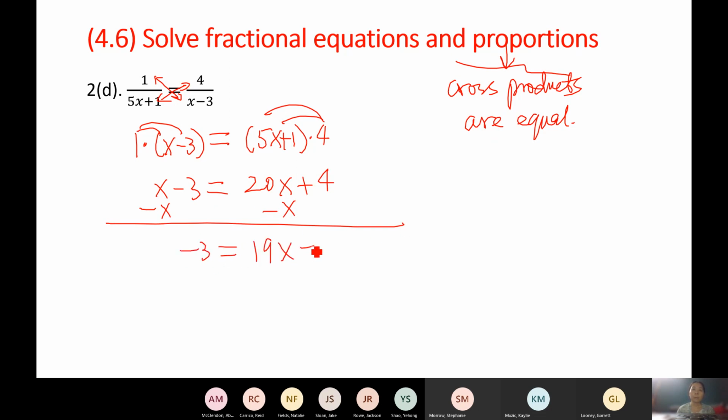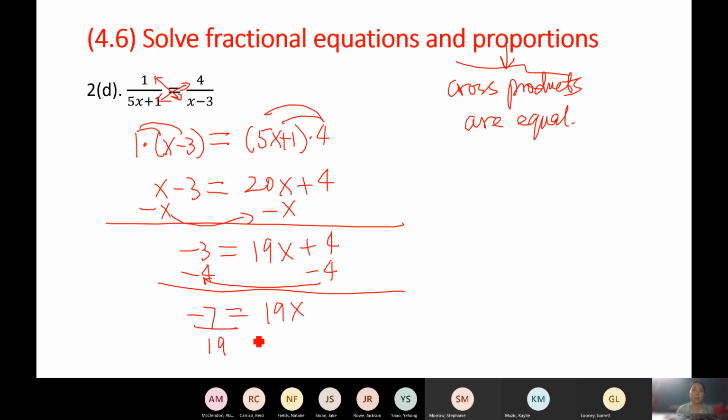If you remember from the first exam, we always combine the x terms first, and then we decide which number to move. If I move x to the right, then I need to move 4 to the left to separate them. In the final step, we get rid of the number in front of x. So x equals -7/19. Okay, so that's the type of equations you are going to get.